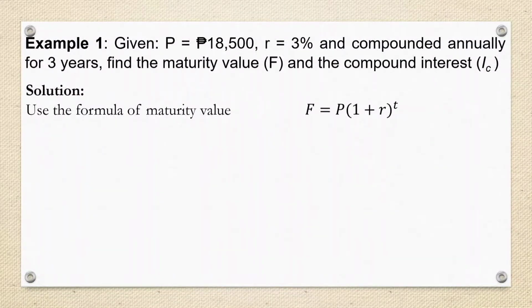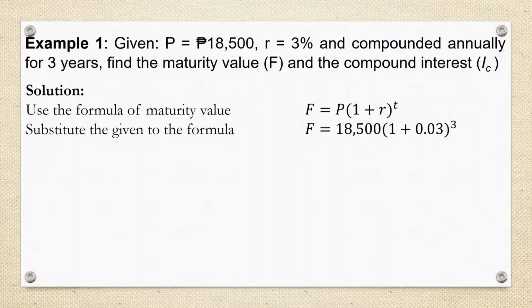So first, use the formula of maturity value. F is equal to the principal times (1 plus the rate) raised to T. And then, isa-substitute natin ang given sa formula. So F is equal to 18,500, ito yung ating principal, and then 1 plus the rate, which is 3%.